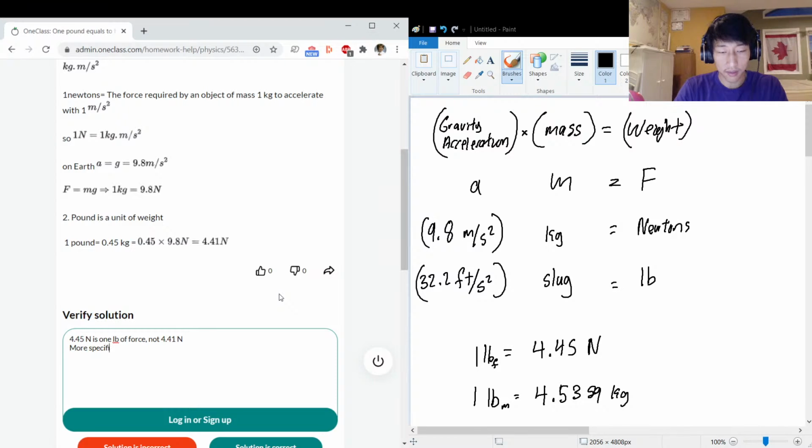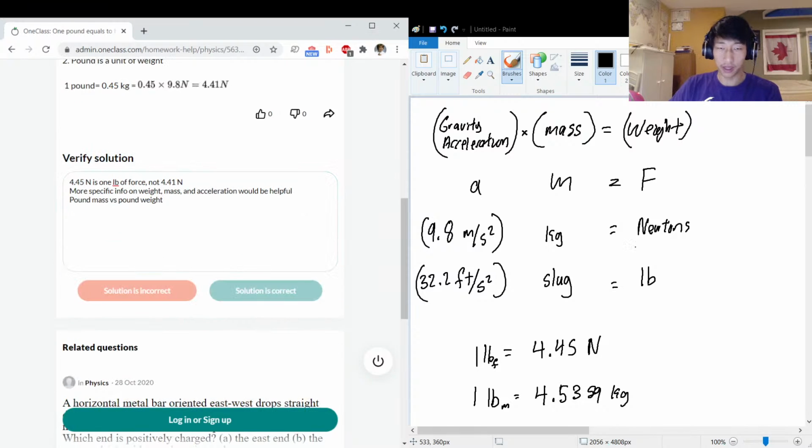More specific info on weight, mass, and acceleration would be helpful. Pound mass versus pound weight. Okay, so yeah.